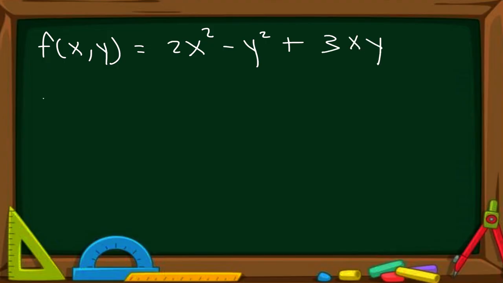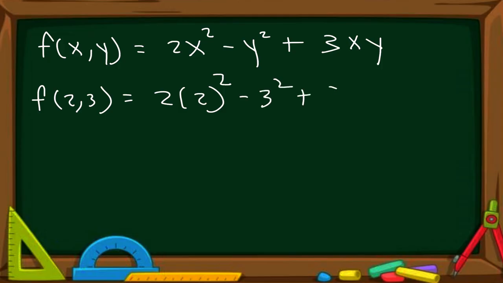But sometimes you may have a multivariable function like this one. Let's say that f of x comma y is 2x squared minus y squared plus 3xy. So in that case, what is the value of f of 2 comma 3? In this case, just replace x with 2 and replace y with 3, and then you're going to get the answer.